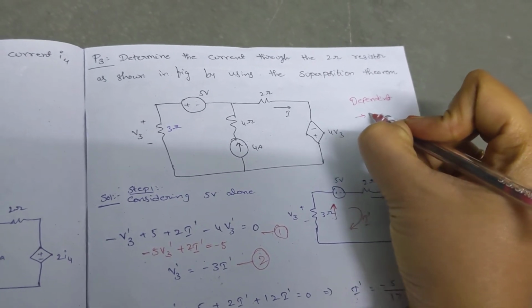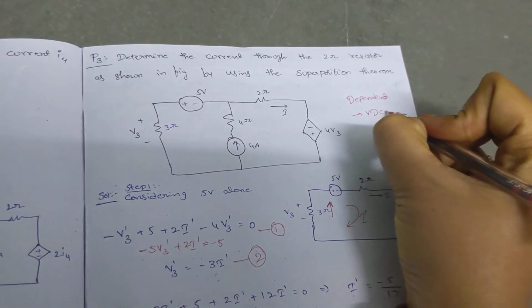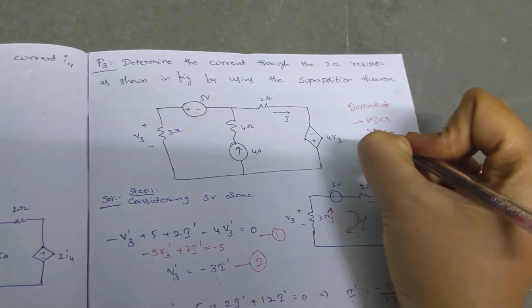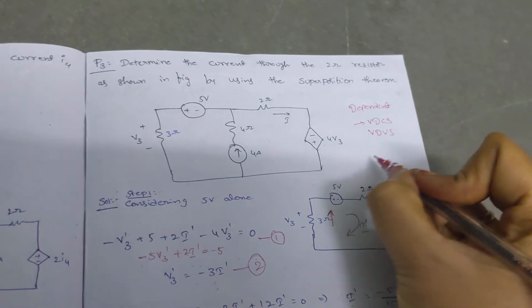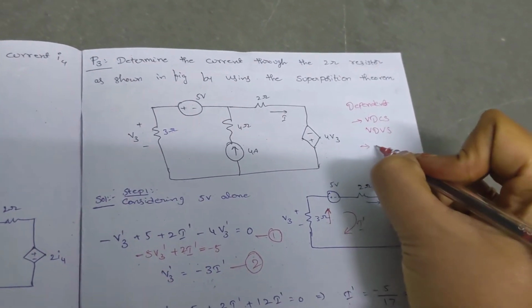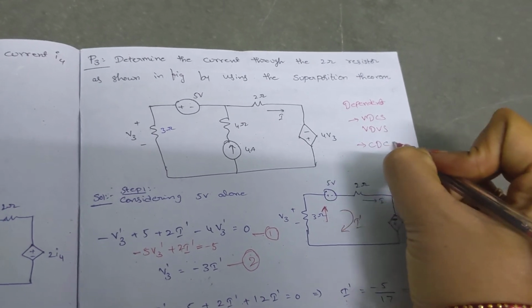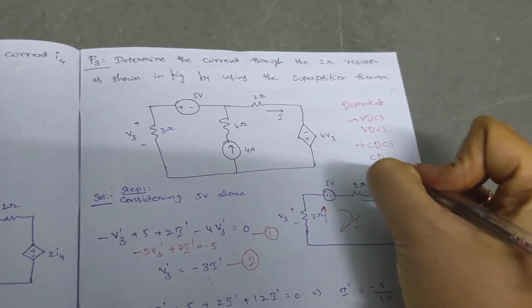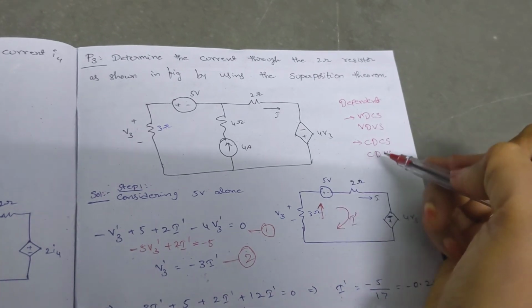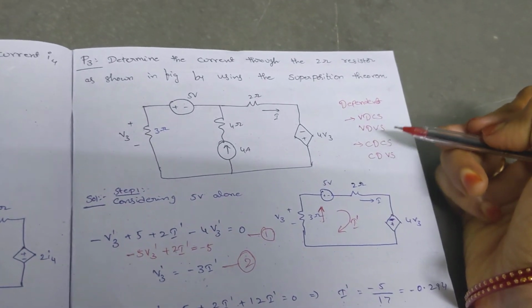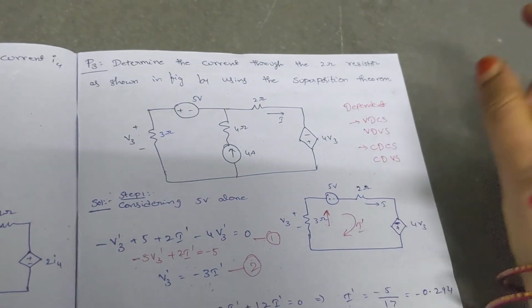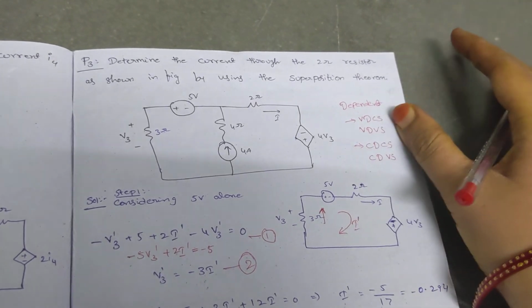The first is a voltage dependent current source, voltage dependent voltage source, current dependent current source, or current dependent voltage source. These 4 will be there. Even so, it will be treated as a simple element, not as an independent source.